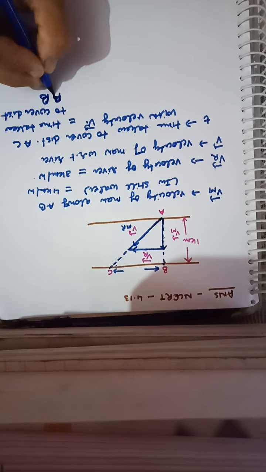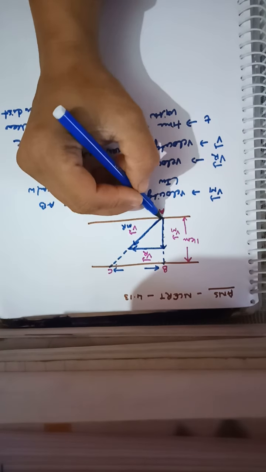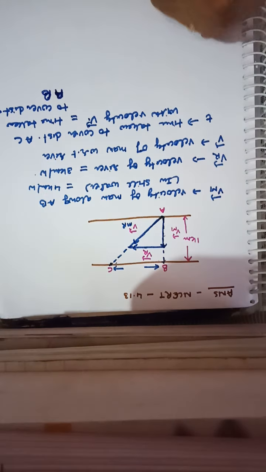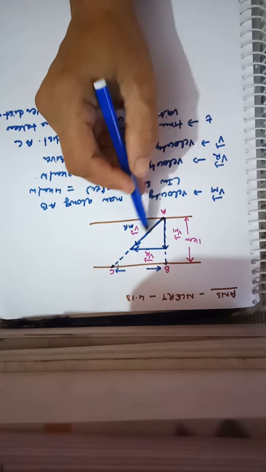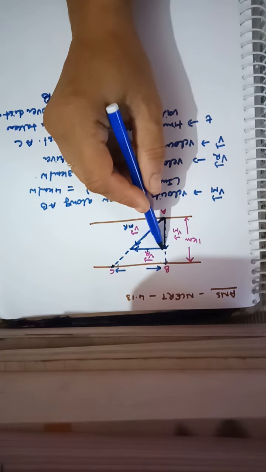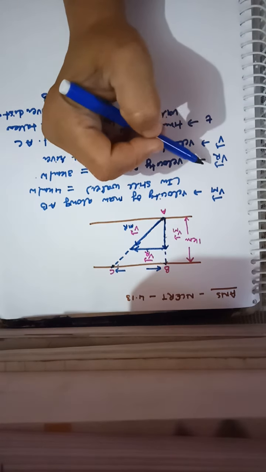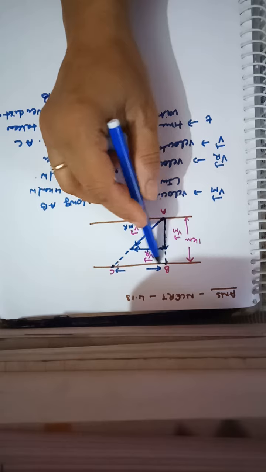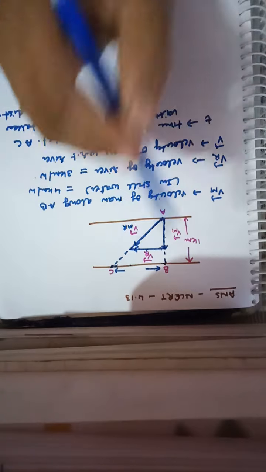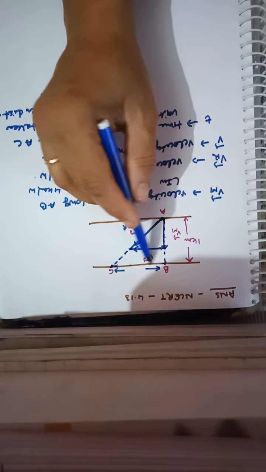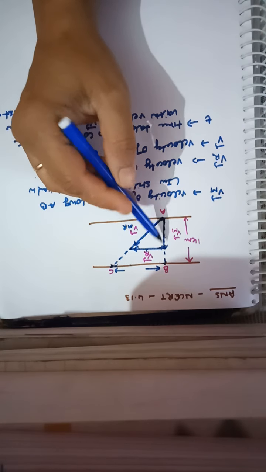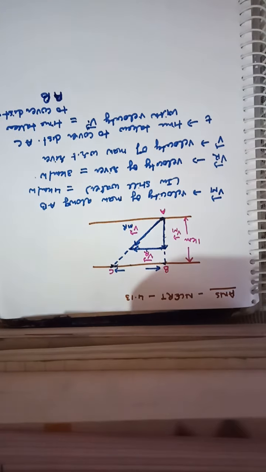This is AB. जितना टाइम वो यहाँ से यहाँ तक पहुँचने में ले रहा है, उतना ही टाइम वो यहाँ से यहाँ तक पहुँचने में भी लेगा. क्यों? क्योंकि दो वेलोसिटीज़ हैं इस VMR में या इस V वेक्टर में. दो वेलोसिटी है, एक ये और एक ये. तो इस वेलोसिटी के साथ तो वो ये वर्टिकल डिस्टेंस कवर करेगा और इस वेलोसिटी के साथ वो ये हॉरिजॉन्टल वाला डिस्टेंस कवर करेगा. So this velocity is responsible to cover the vertical distance and this velocity is responsible to cover this horizontal distance BC. That is why for this distance AC and this distance AB, the time taken will be the same.